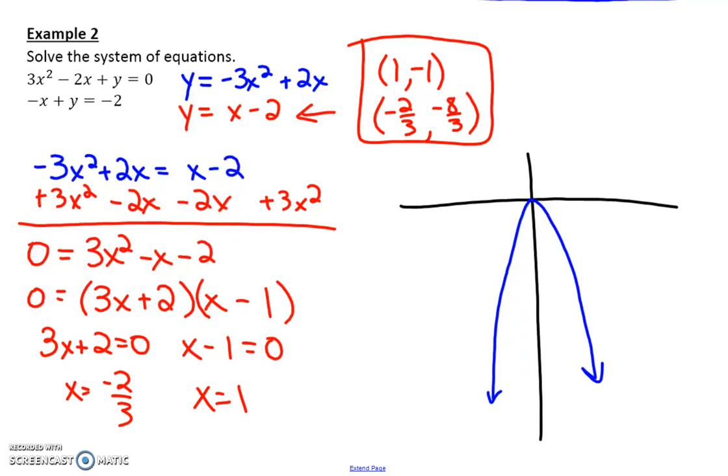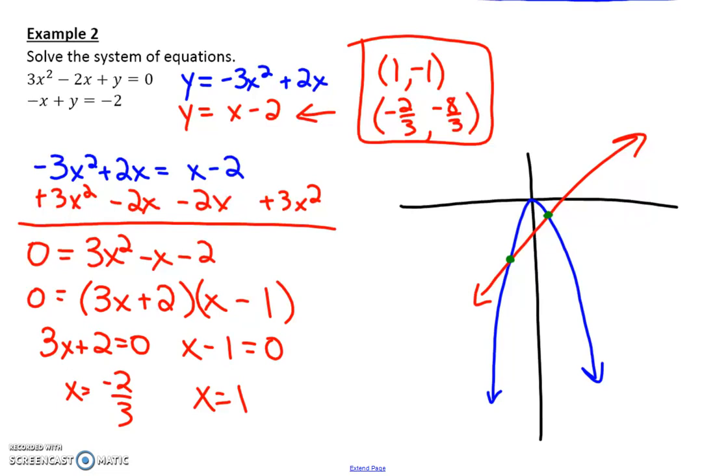So your parabola is going to look something like that, and then your linear equation is going to look something like that. And again, you can graph those on the calculator to see that a little bit better. You can also make a table of values, but then you can see your 2 intersection points. You've got 1, -1 there, and then your -2/3, -8/3, and I didn't do a very good job of drawing that, but it's just a sketch.